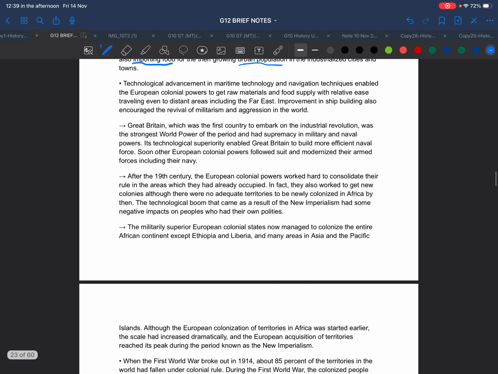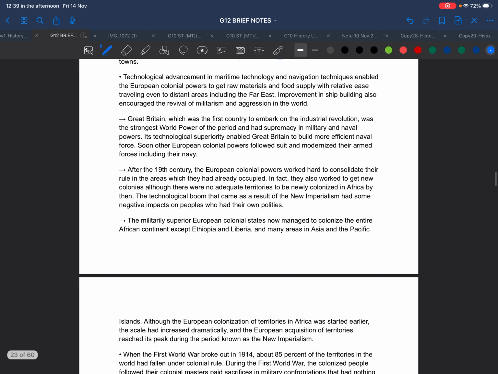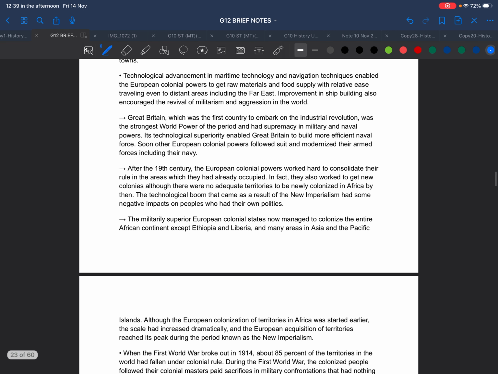Technological advancement in maritime technology, sea transport, and navigation techniques enabled the European colonial powers to get raw materials and food supply.